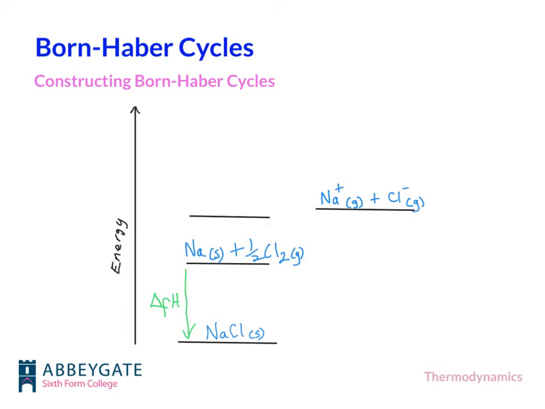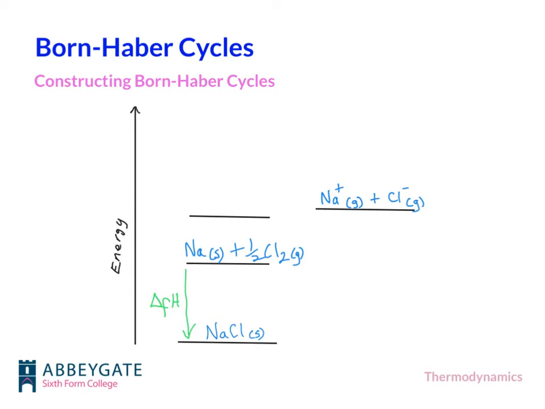So what follows next is a series of all the little steps that need to be taken to get from our elemental states of sodium as a solid and half a chlorine gas, going from there to this imaginary state of sodium ions and chloride ions that are not attracted to each other because they're far and spaced apart. The first step would be to take our sodium solid and turn it into sodium gas.